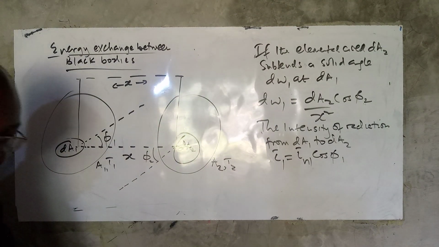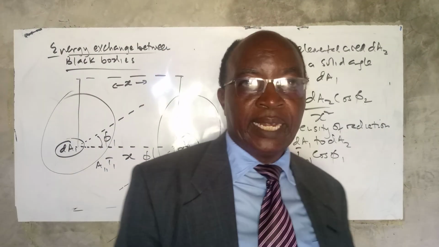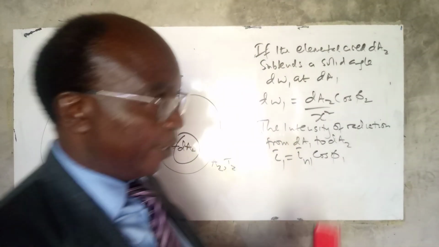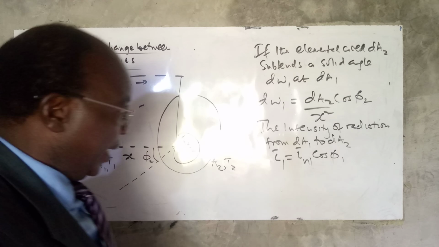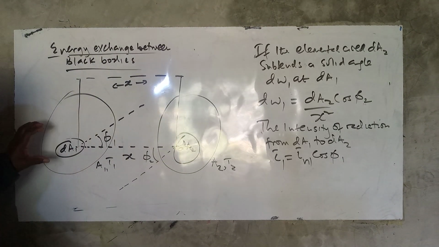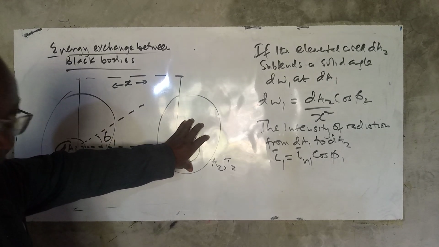You already know that, as we talked about in Lambert's cosine law. So please, once again, I encourage you to go through those lectures. And number 2, the radiation from dA1 incident on dA2.